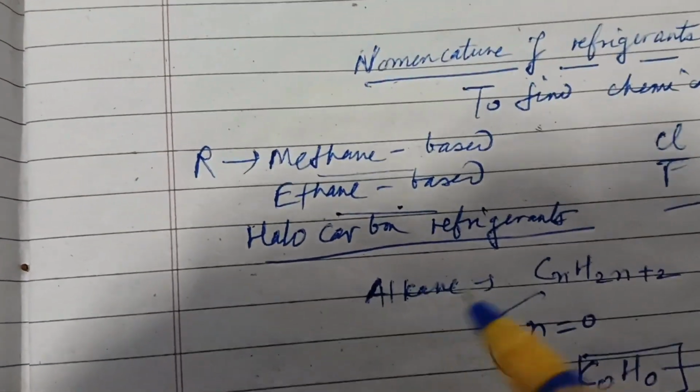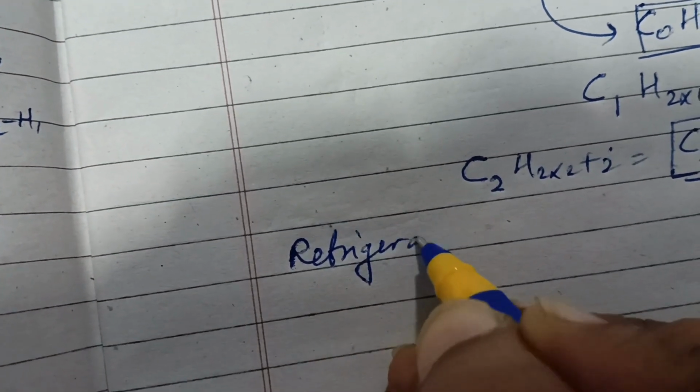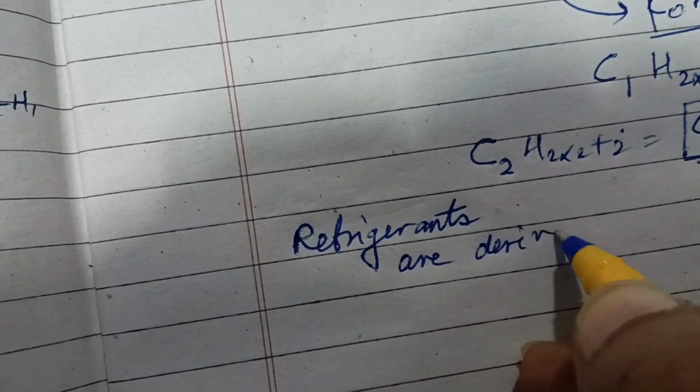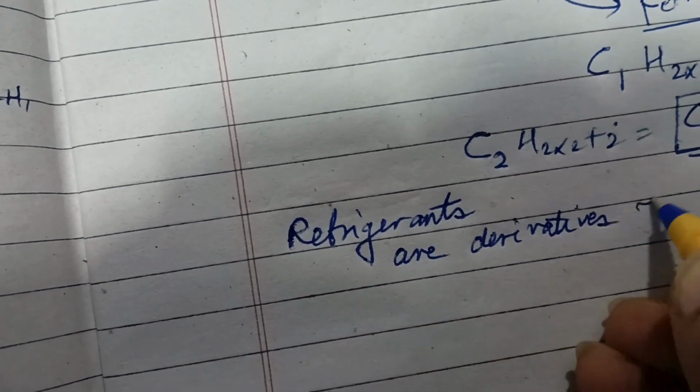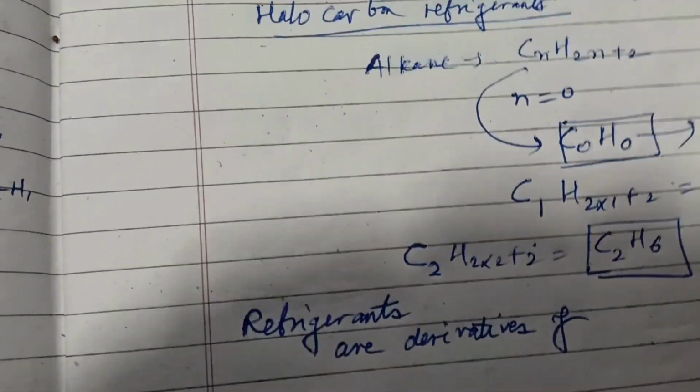All the refrigerants are derivatives of these methane based or ethane based compounds, and these are also halocarbon refrigerants.